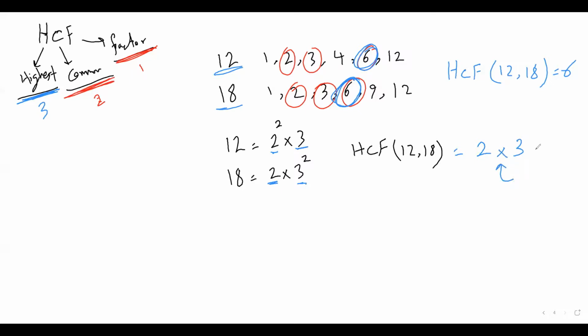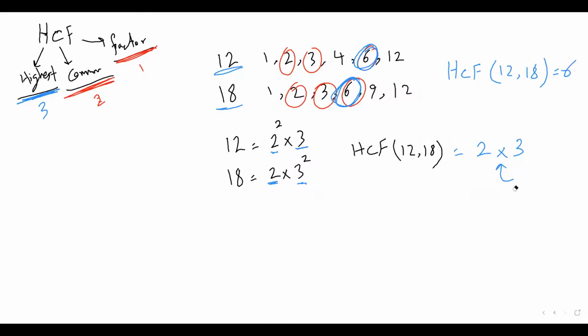If there was another number, I should add it right here. But it must be common. Guys, it must be common. For example, if there is a 5 here, you do not include 5. You do not put it here, because 5 only belongs to this number, not 12, okay? So let me erase that because 5 is not a prime factor of 18.